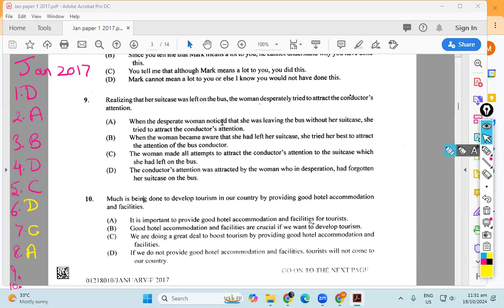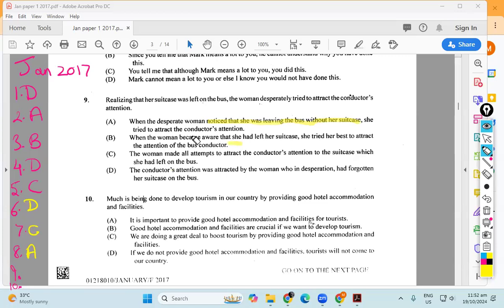When the desperate woman noticed that she was leaving the bus without her suitcase. All right, so this is different, right? Was she leaving the bus without her suitcase? It makes it, she left the bus. She left the bus and then she realized it was there, right? So this is different. When the woman became aware that she had left her suitcase, she tried her best to attract the attention of the bus conductor.